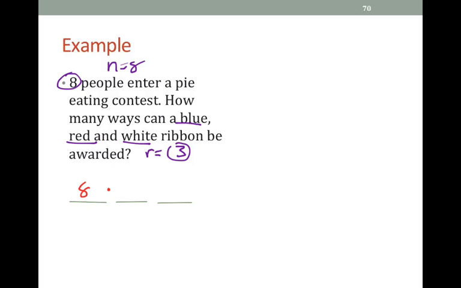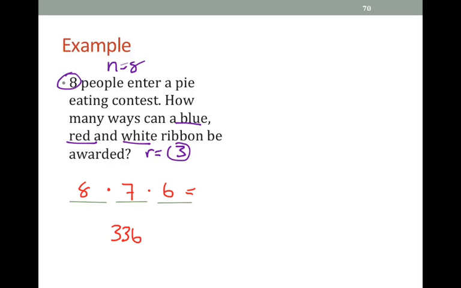So there's 7 possible people who could be assigned the second place position, or the red ribbon. And then finally there's only going to be 6 people who are available to get the third place ribbon. Now if I take the product of those 3, 8 times 7 times 6, I get 336.